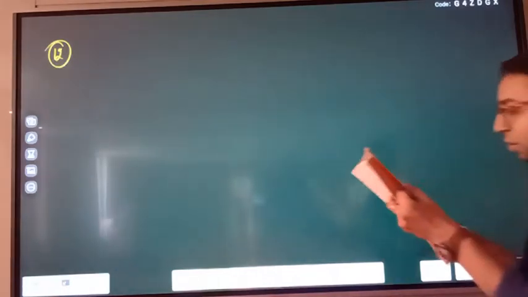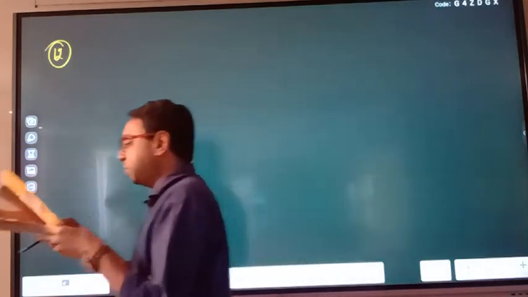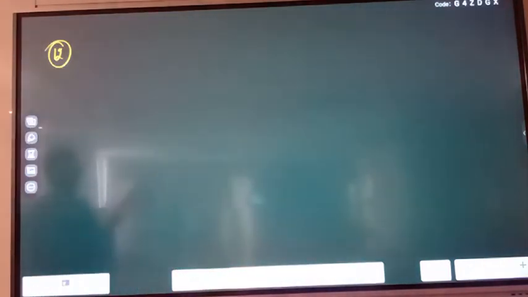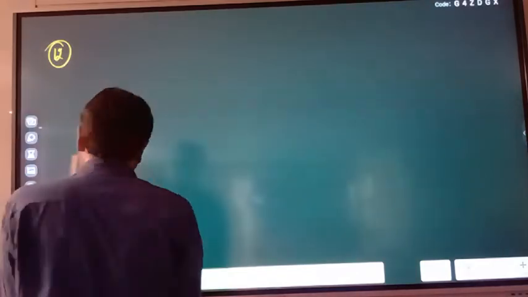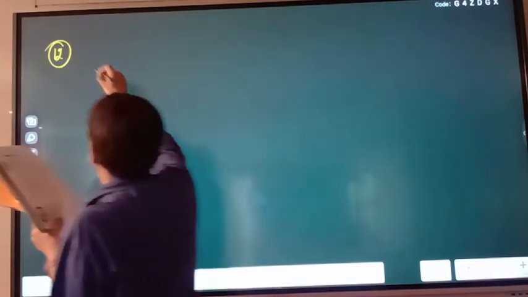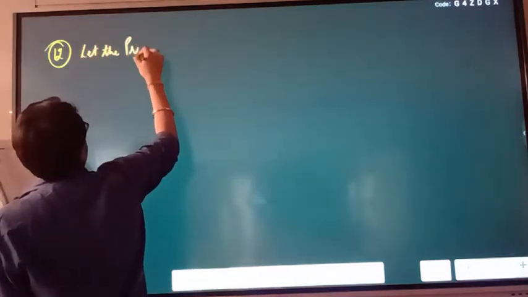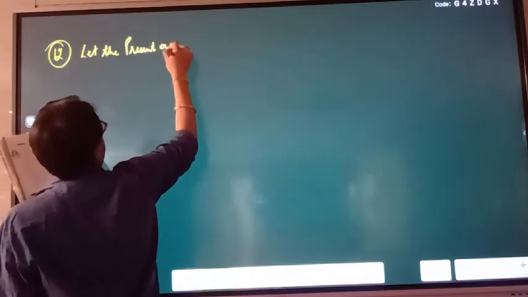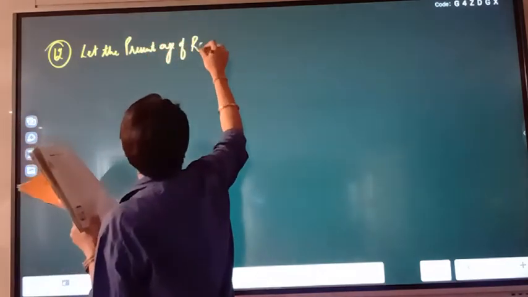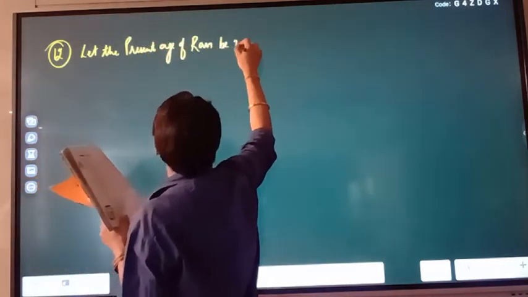15 years from now, Ravi's age will be 4 times his present age. What is Ravi's present age? Let the present age of Ravi be X years.